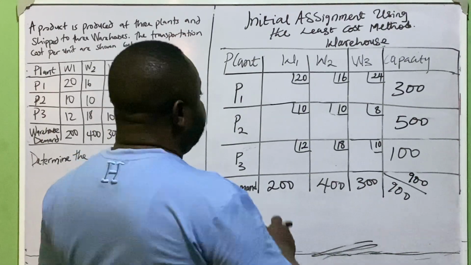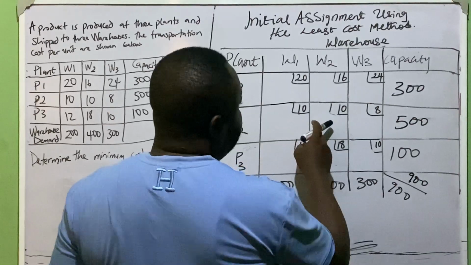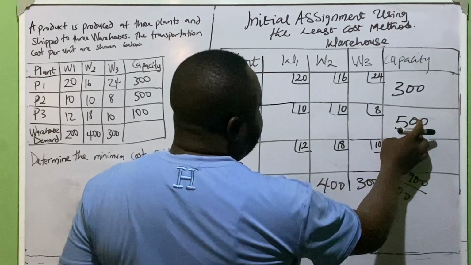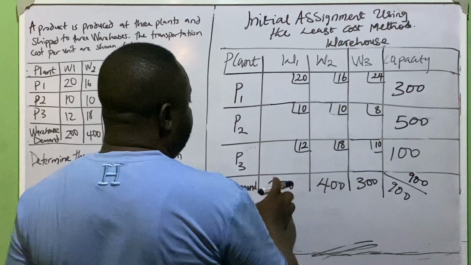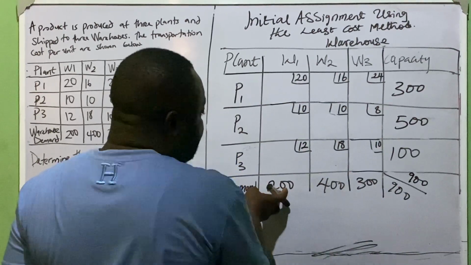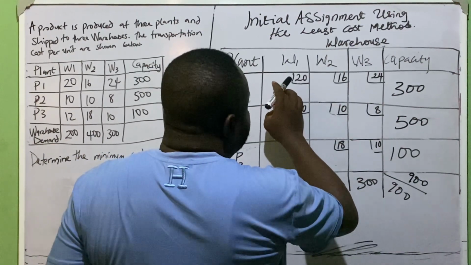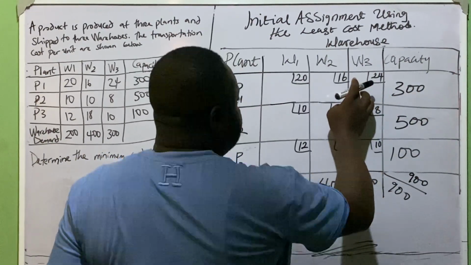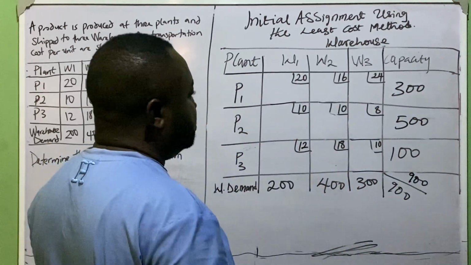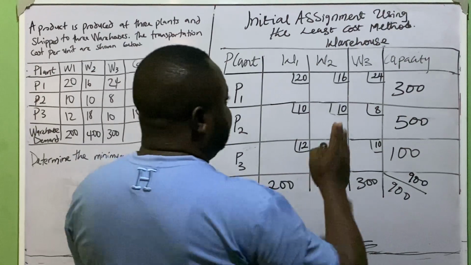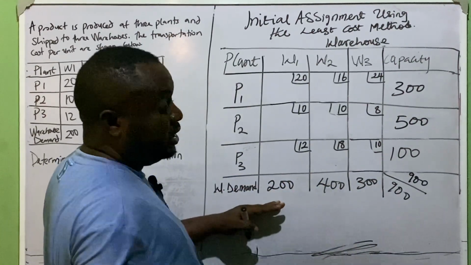That means there will never be a time where what we have here, here, and here will be more than 500, or what we have here, here, here, more than 200, because this is what it can hold. And in plant 1, you can't have anything more than 300. So we'll be guided by the capacity constraint and the demand constraint.